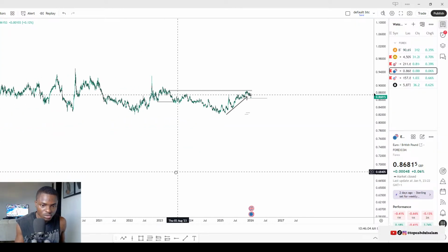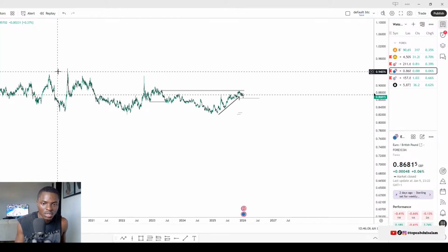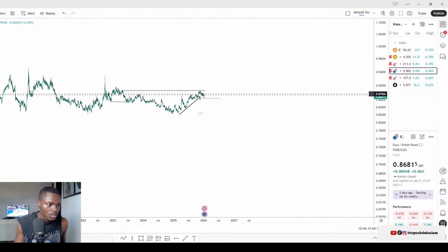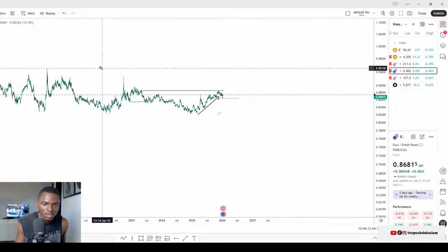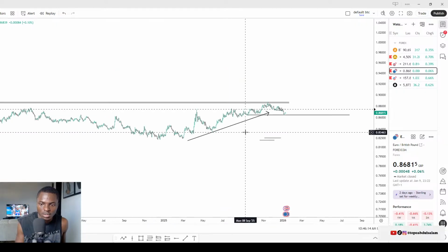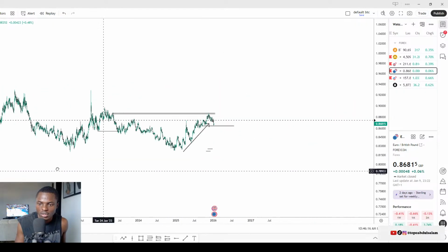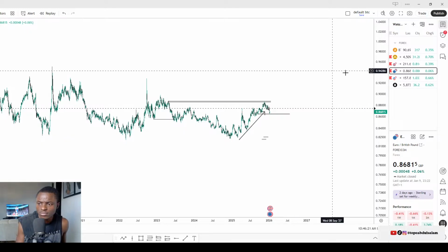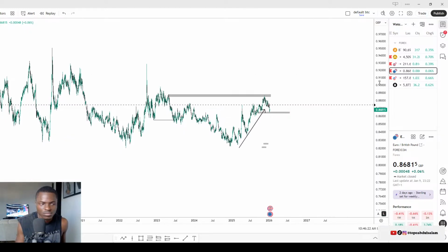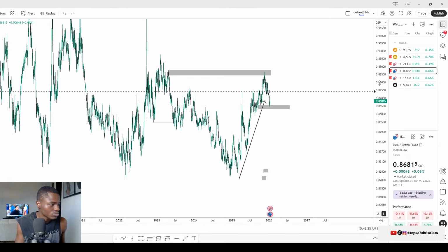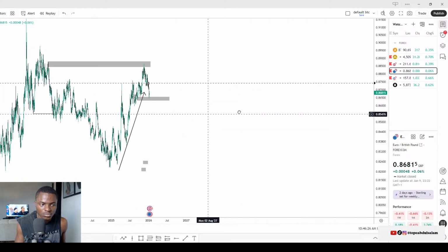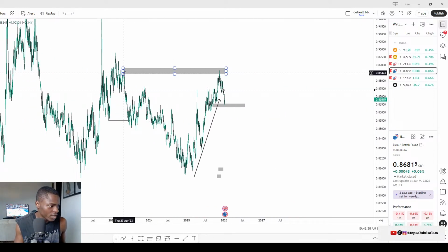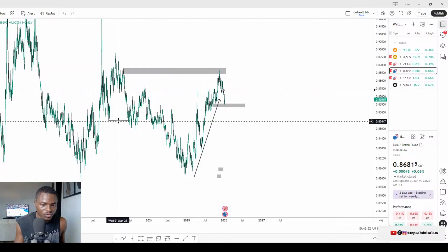Okay, so let me zoom it in for you guys. So this order block right here was responsible for breaking structure right here.